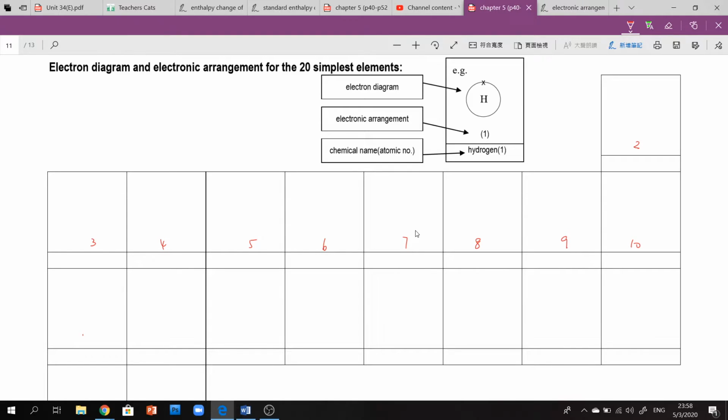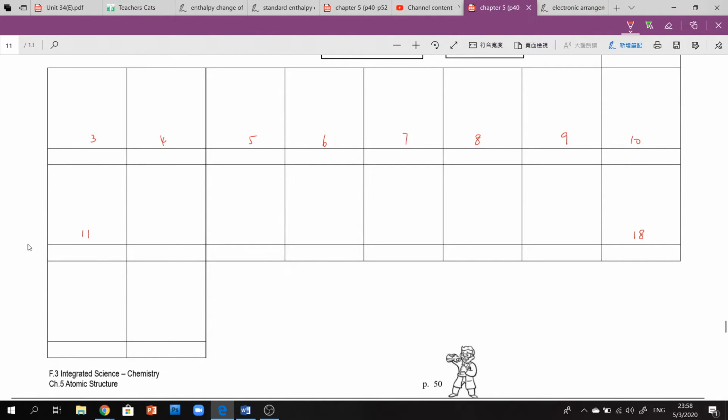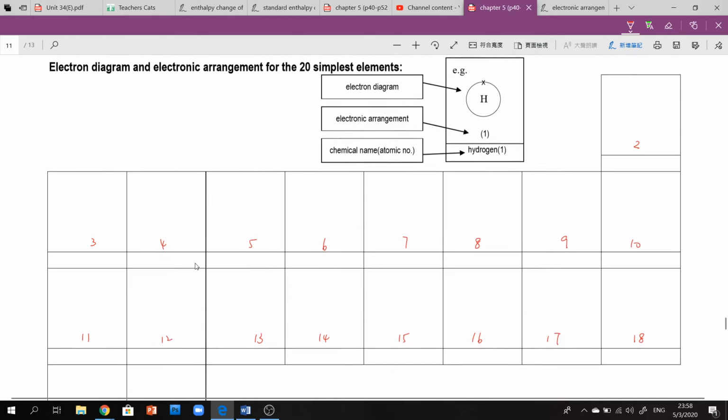You may find that this is from 11 up to 18, and here it is 19 and 20. So remember those different names: hydrogen, helium, lithium, beryllium, boron, carbon, nitrogen, oxygen, fluorine, neon, sodium, magnesium, aluminium, silicon, phosphorus, sulfur, chlorine, argon, potassium, calcium. So altogether we've got 20 elements there. You are going to follow the steps just like this.